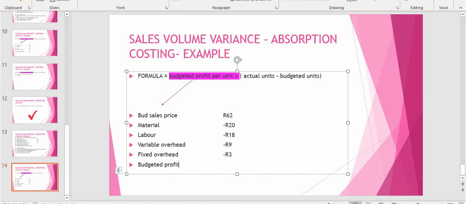Budgeted profit for a unit. And if I do that calculation, ladies and gents, I get to 12 Rand. 12 Rand budgeted profit. So now I need to go and apply this formula again.